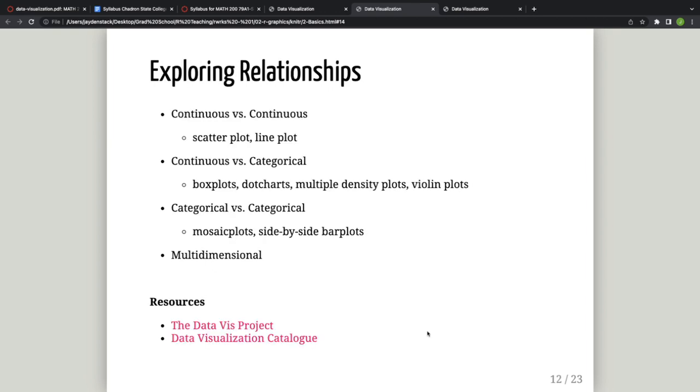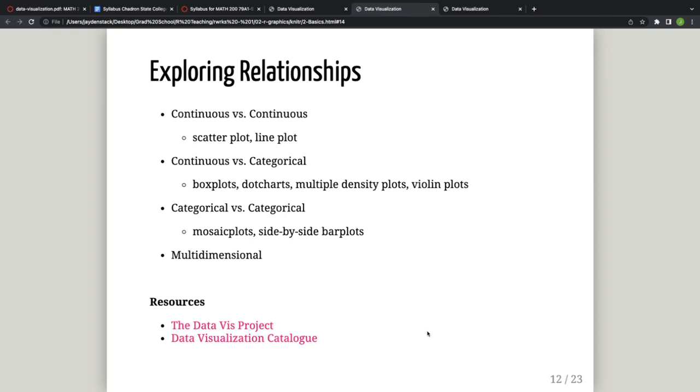Okay. So, how do we look at this? We can explore relationships between these different variable types. For example, exploring continuous versus continuous, you might look at a scatter plot or a line plot. Continuous versus categorical, you might look at a box plot, a dot chart, multiple density chart, a violin plot.